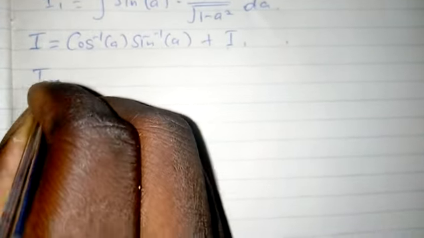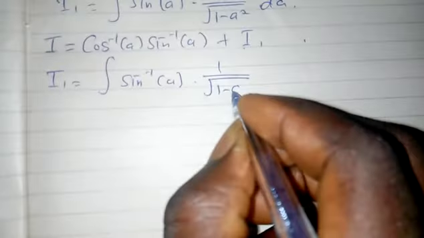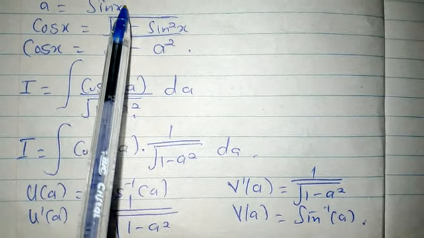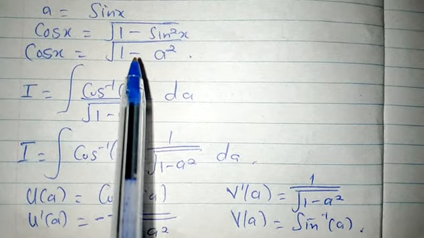My I1 is equal to the integral of sine inverse of a dot 1 over root of 1 minus a squared dA. So to integrate this one, I have to use integration by parts, the same thing. And here too, because I chose my cos inverse, I integrated my cos inverse, I differentiated my cos inverse.